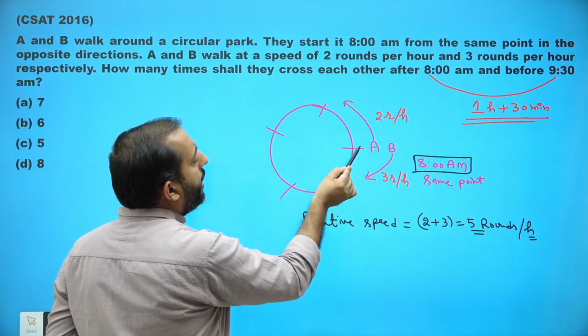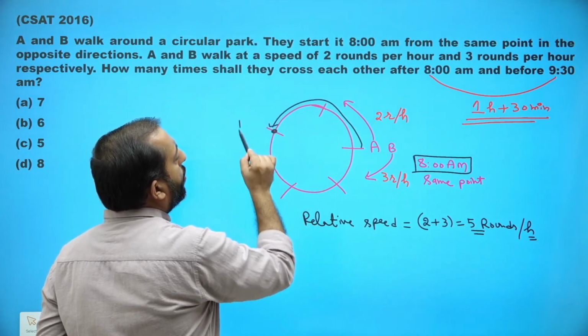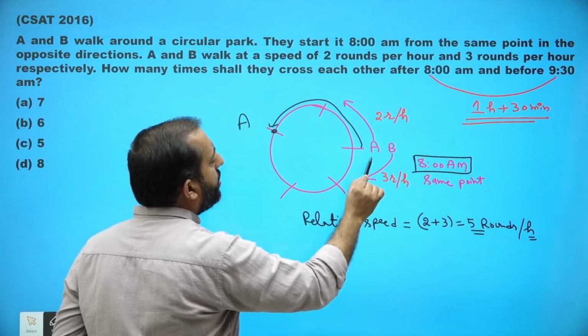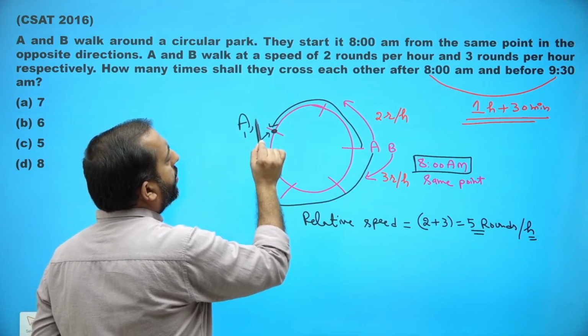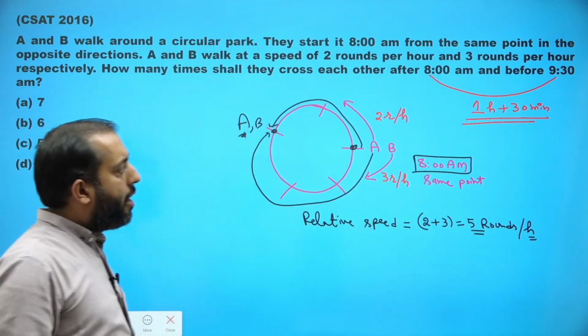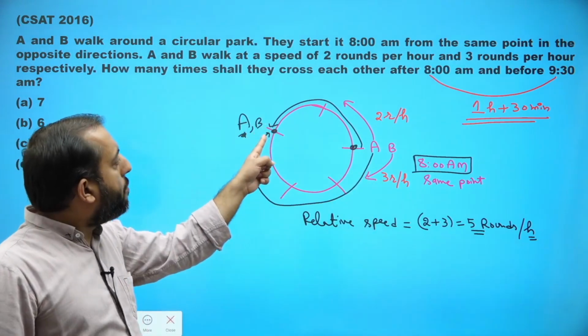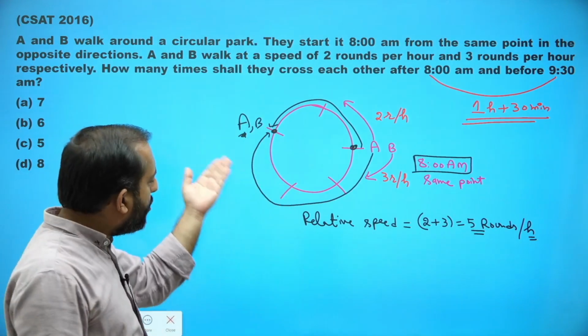The moment A reaches this very point will be the moment when B reaches this very point from this starting point. And to reach this point, they will take less than 1 hour. Let me show you how.